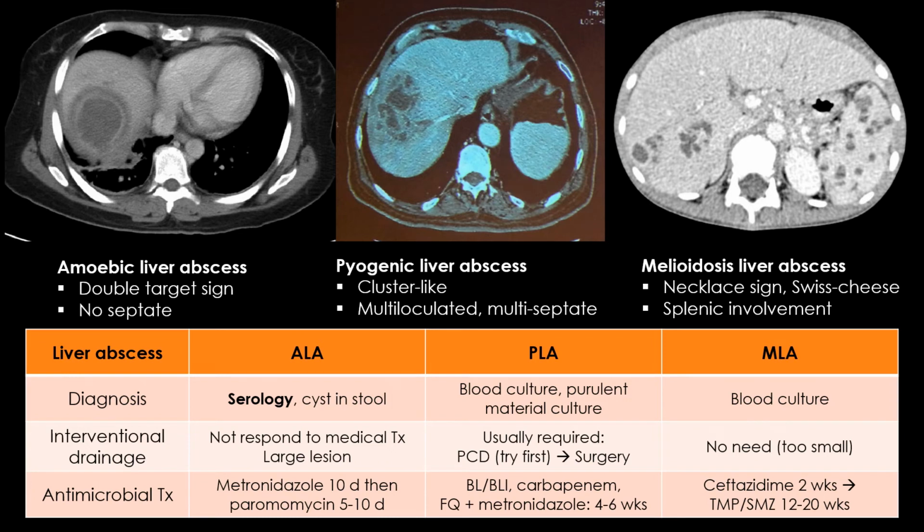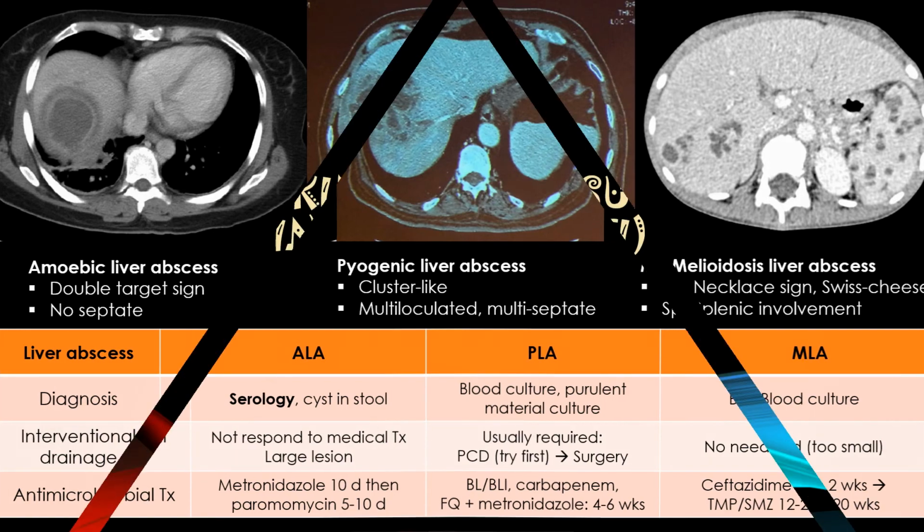The required duration is about 4 to 6 weeks. And for melioidosis, you treat like bacteremic melioidosis in general. You require ceftazidime for 2 weeks and then cotrimoxazole for 12 to 20 weeks, depending on clinical and radiological response.